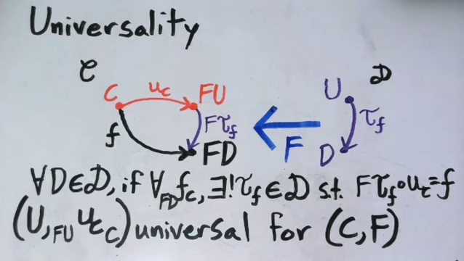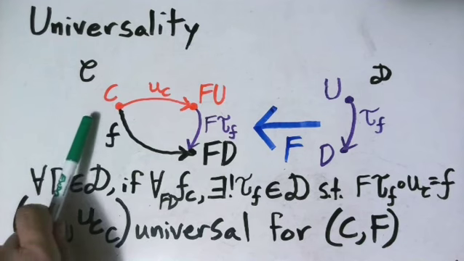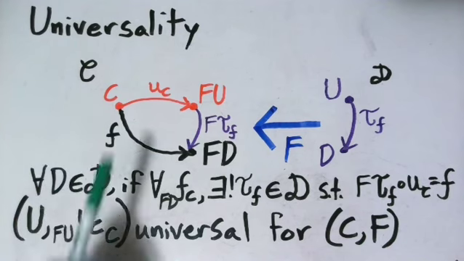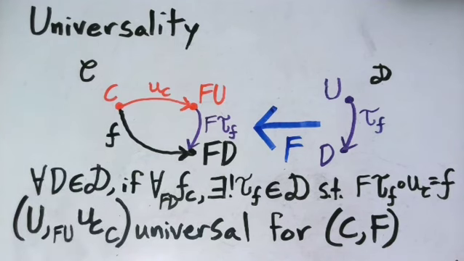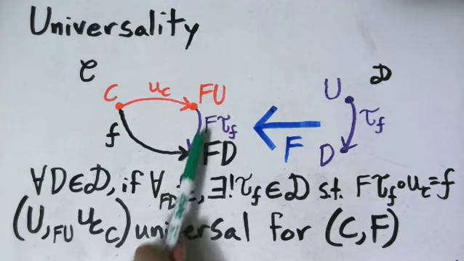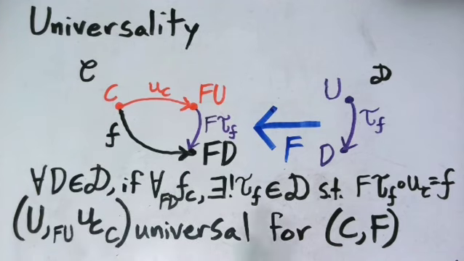So notice here that just like in every "there exists a unique" type of condition, we're actually saying two things at once. It sort of looks like one statement, but there's actually two pieces of information that we're getting. One is that for any morphism f going from C into any F of D, there is a morphism that makes this commute.